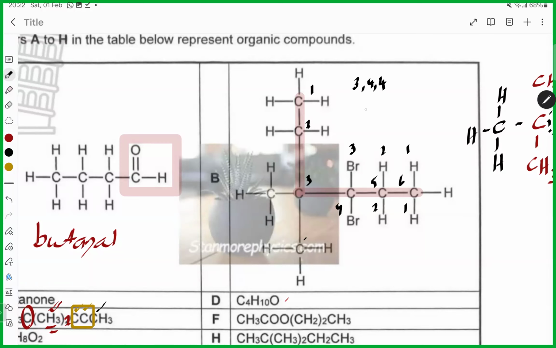You start from the top, it's going to be 334. So the answer to this would be 4-bromo, 3,3 dimethyl, hexane.